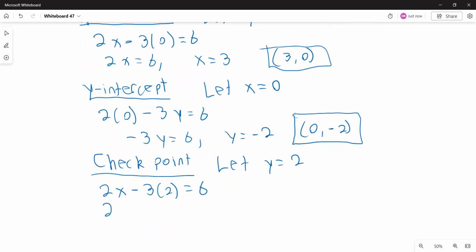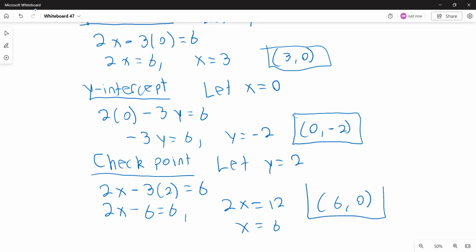So that's 2x minus 6 equals 6. Add 6 to both sides. 2x equals 12. So x equals 6. And we have a checkpoint, (6, 2). So the line will contain these 3 points: (3, 0), (0, -2), and (6, 2).